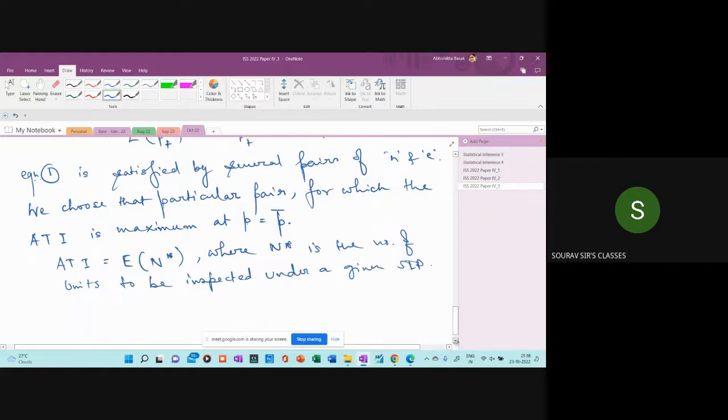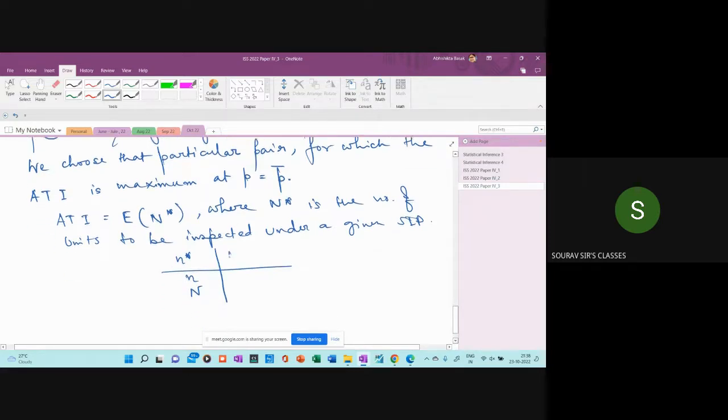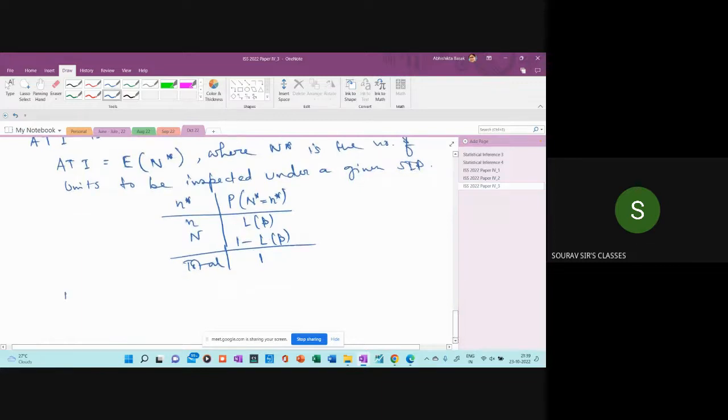So under the given SIP, how can I choose this N star? We have two values of N star, one is small n and one is capital N. Corresponding to the two values, the probability that capital N star will take the value small n is L of P, and the other is 1 minus L of P, such that the total probability is 1. And we will find the expectation of N star.